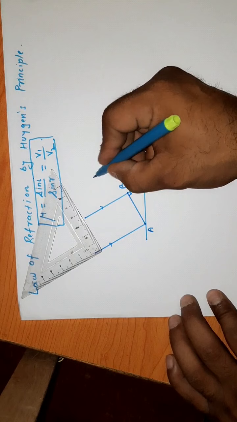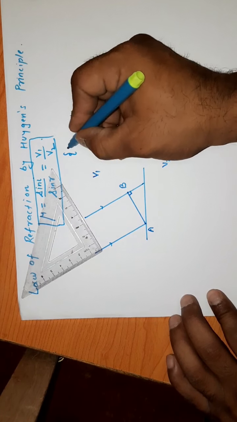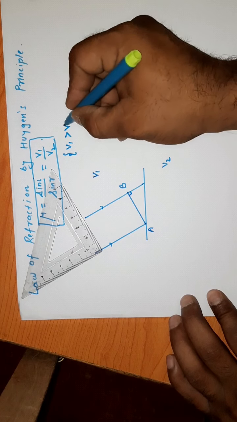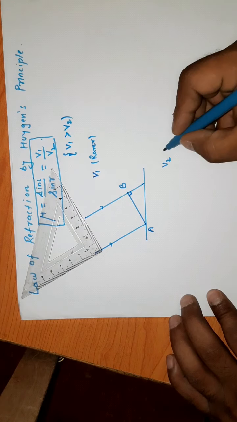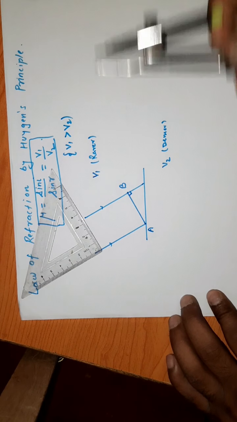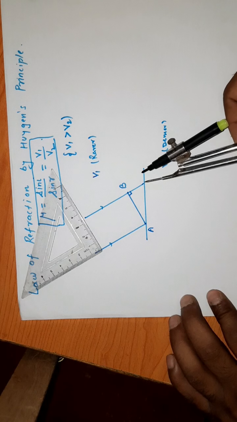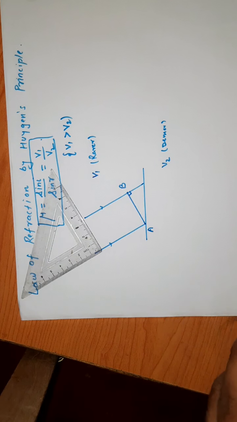If the velocity in this medium is V1 and the velocity in this medium is V2, and it is given that V1 is greater than V2, it means this medium is rarer and this medium is denser. Now if the medium is rarer, then the light travels more in time delta t, and in the denser medium the light travels less distance.